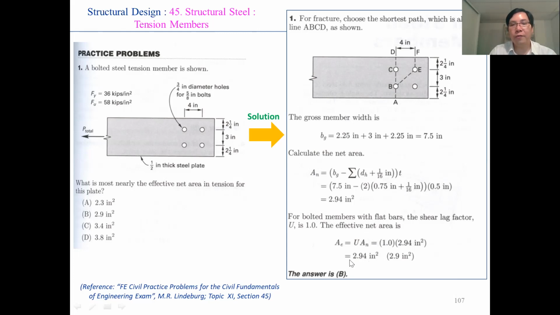So when you compare the final result with the different options in the beginning, you can find that the answer for this practice problem is B.